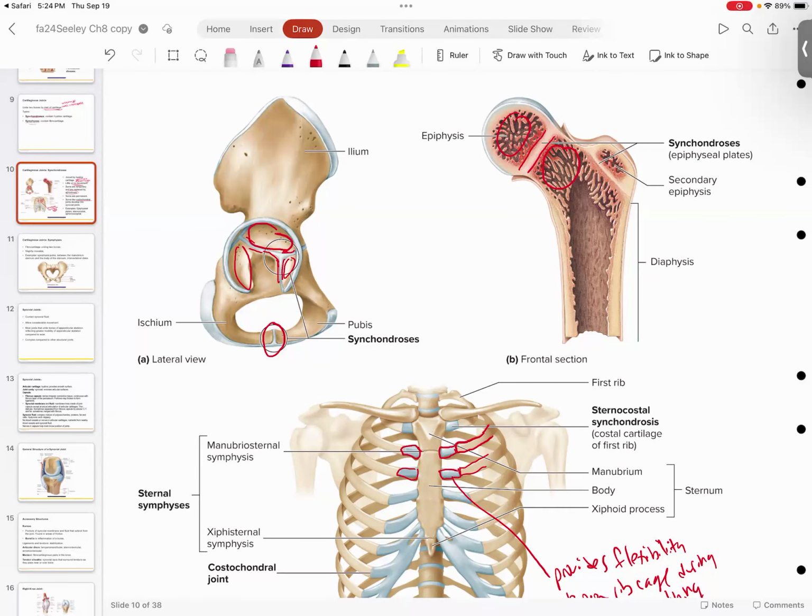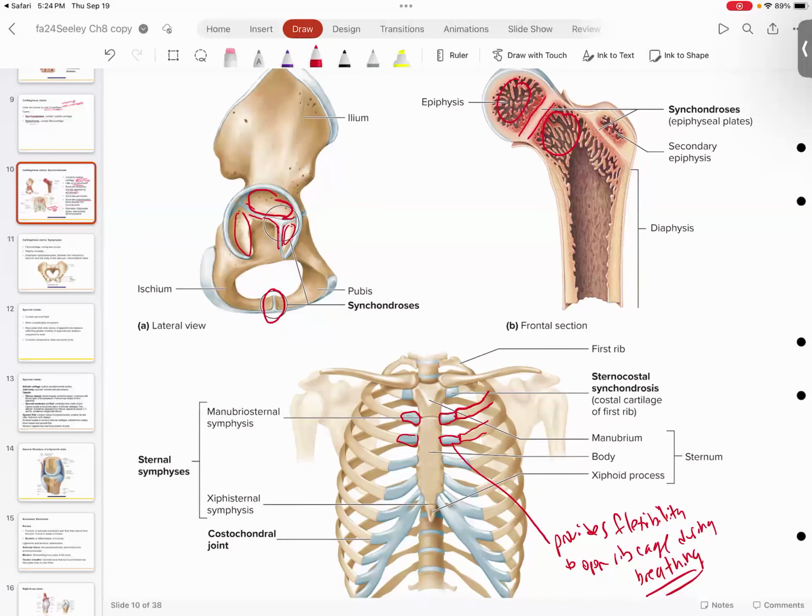So you can see that a synchondrosis can be found anywhere for a couple of different reasons, right? The synchondrosis in your femur has a different function than the synchondrosis in your acetabulum, which is a little different than the one in your pubic symphysis, which is a little different than the one in your rib cage. You have the same basic idea, but they're all there for slightly different reasons.